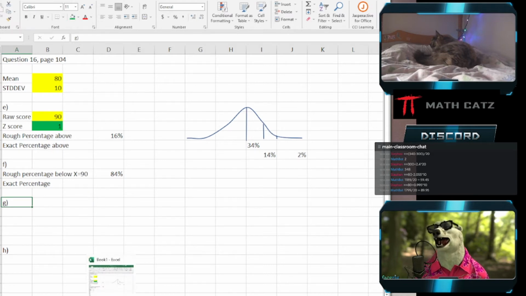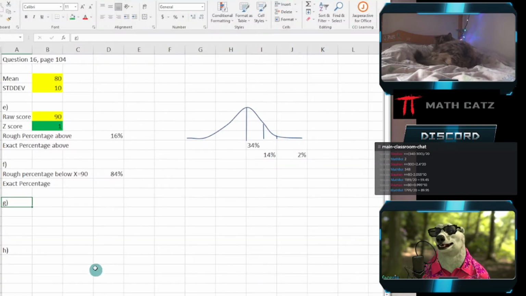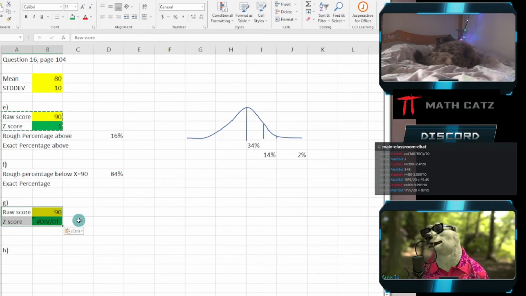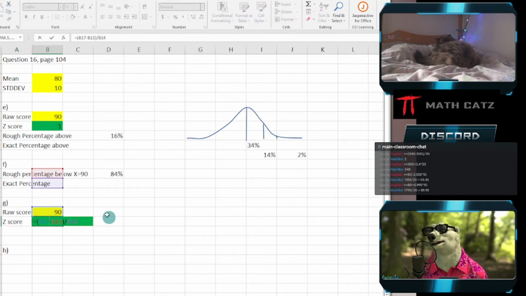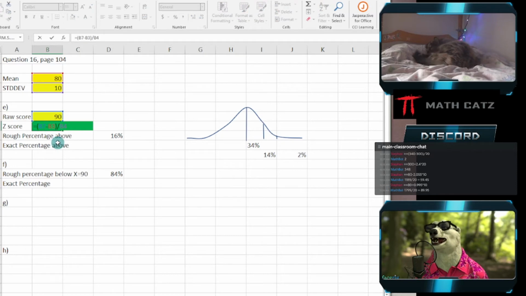And in part G, they want above 80, above the raw score of 80. So now we can copy this over. It's not a big deal. If we want to keep the questions separate, of course, my formula copies over and expects numbers to be there. I need to adjust that. Because the yellow input doesn't change in terms of the mean and standard deviation, I can update this to say, let's have the raw input.